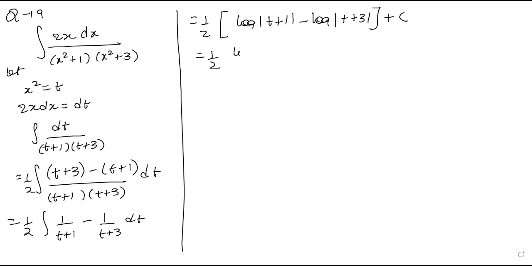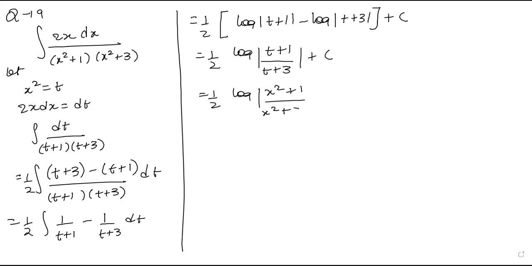So I will apply the properties of log, then I will have t plus 1 divided by t plus 3 plus c. So here I will replace the value of t as x square. So my final answer is half log mod x square plus 1 upon x square plus 3 plus c. Yes, correct it is.